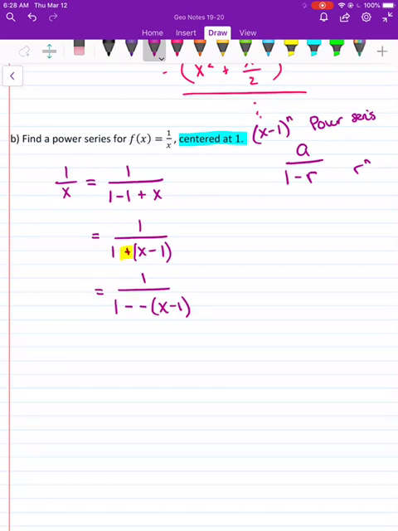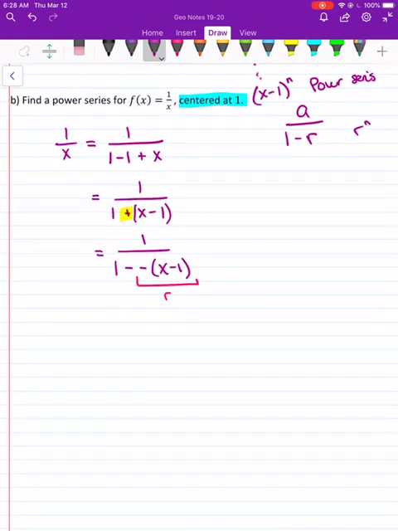So now if I look at this, here is my R value. My R value is all of this. And my A value is 1. So if I put this in geometric series form, I have the series from n equals 0 to infinity of A, which is 1, times my R value, which is negative x minus 1 to the n.